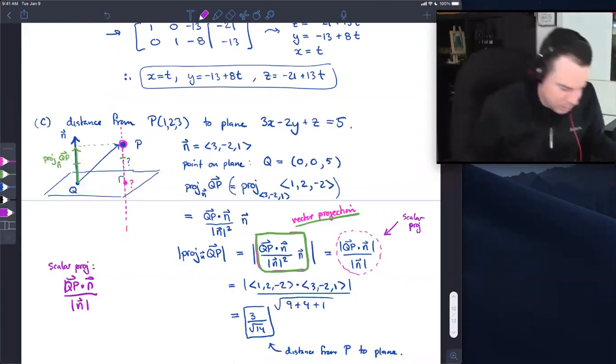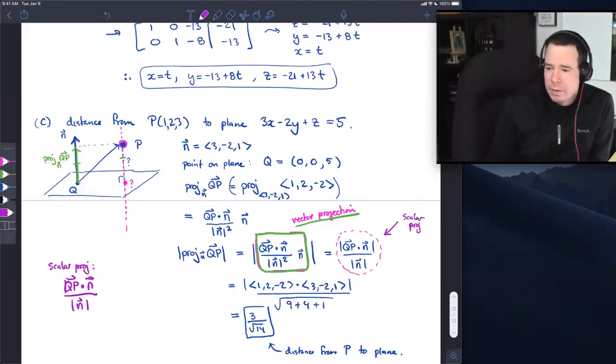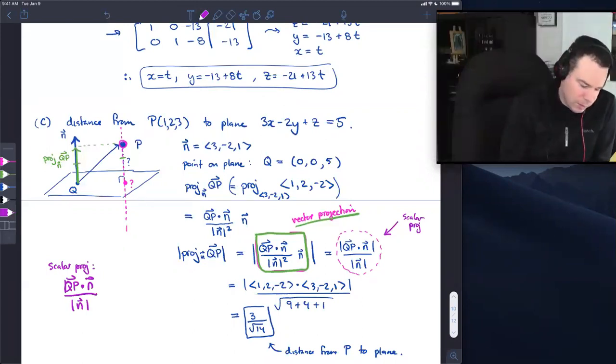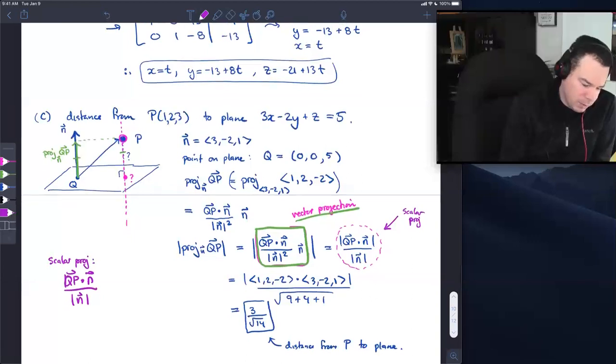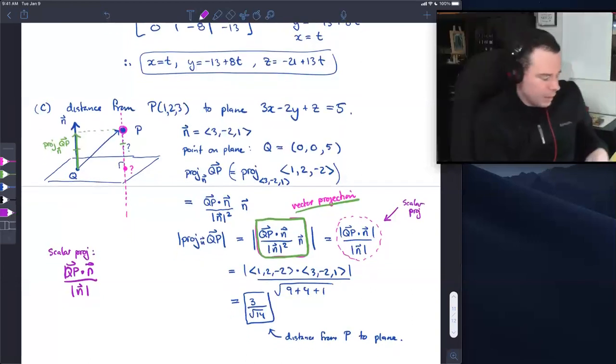He escaped from his little pen. Okay. So we can see that the geometry in 3 dimensions requires us to work with dot products and cross products and projections and the like. So those are going to make our toolbox up for doing the geometry of objects in 3-dimensional space.